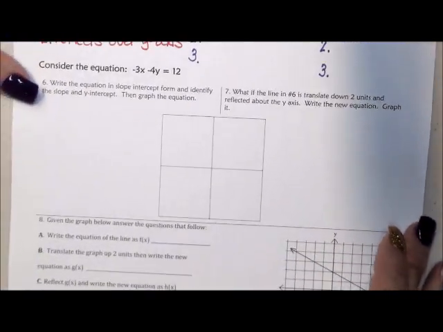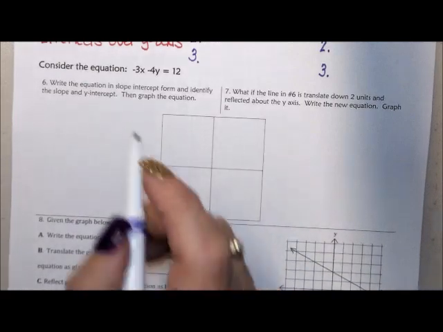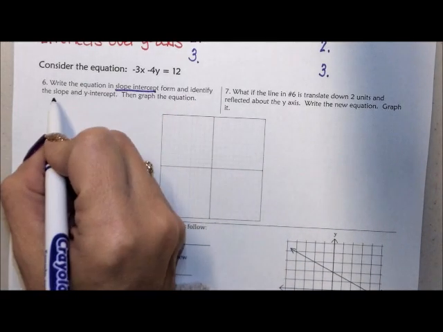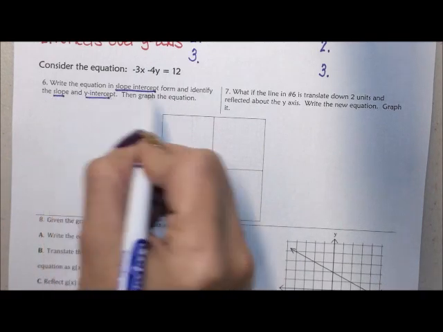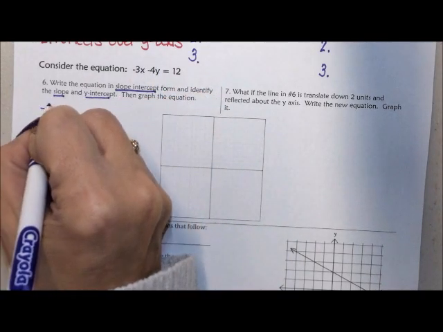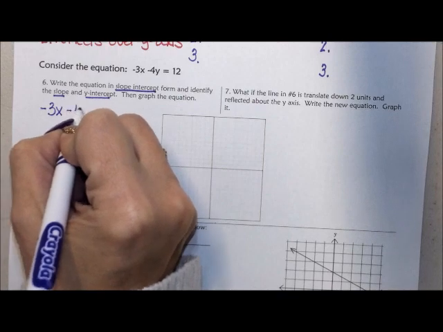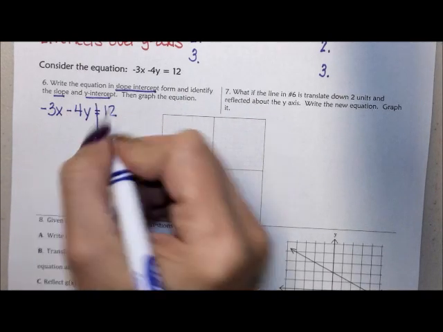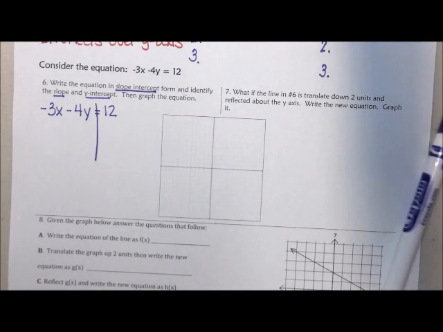All right, here we go. Number 6, write the equation in slope-intercept form and identify the slope and the y-intercept and graph the equation. So here we go. Negative 3x minus 4y equals 12. Move the x, divide the y. I'm going to do it, and you do it.